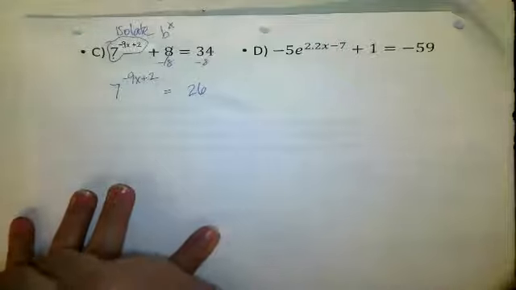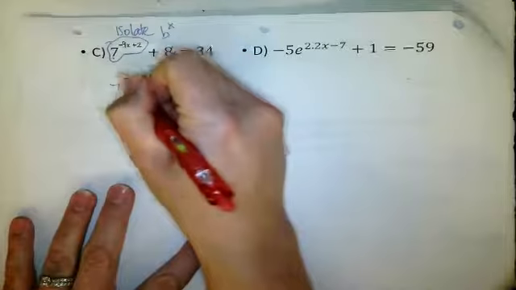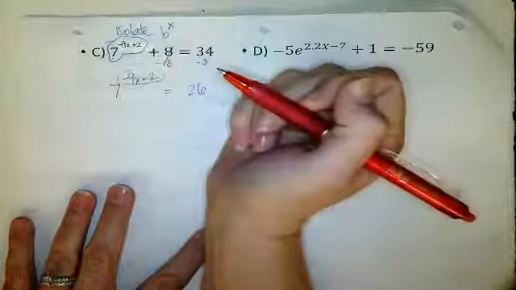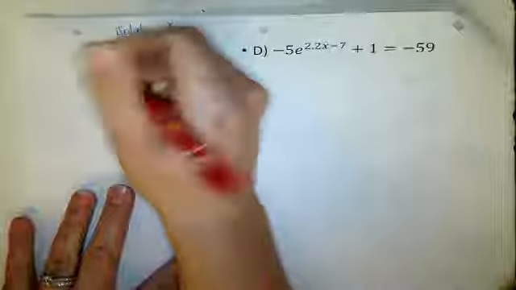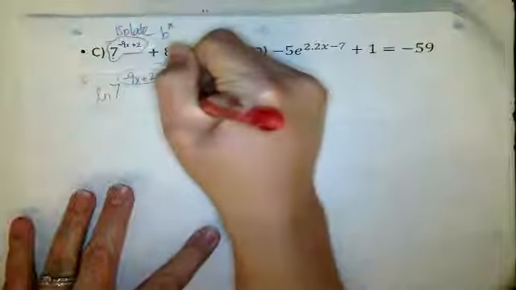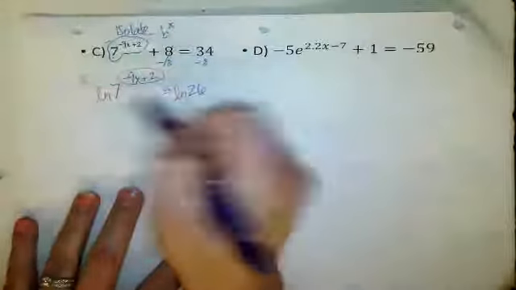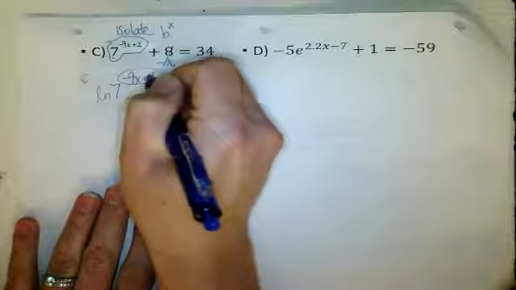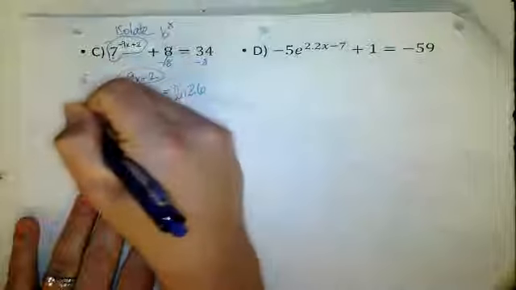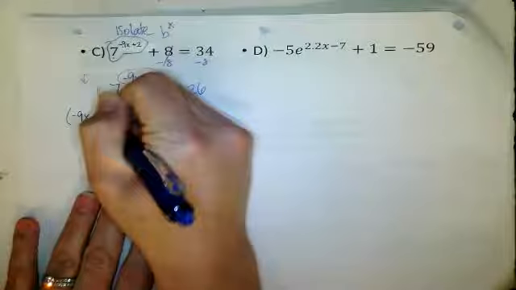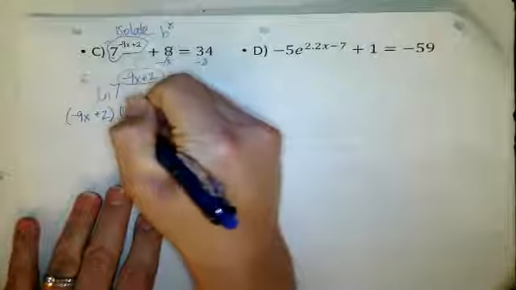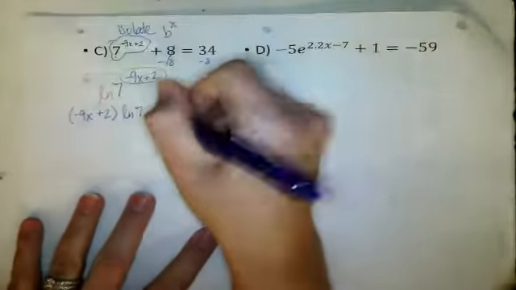Now that my base is isolated, what allows me to drop my power? A natural log, taking a natural log of both sides. So when I take that natural log, my power drops down. That entire power, negative 9x plus 2, is being multiplied by natural log of 7.